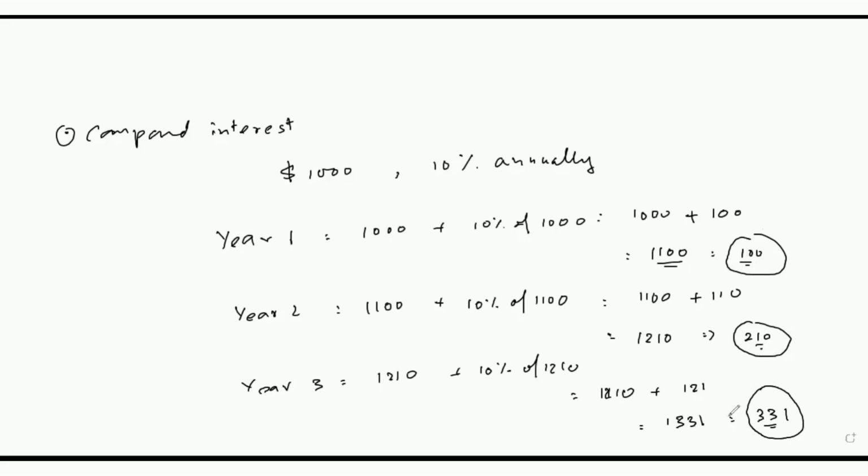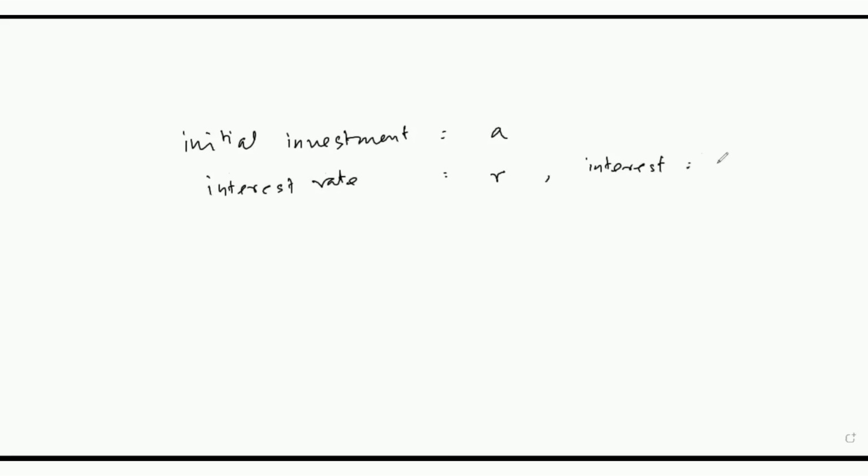In simple interest, this number would stay the same. So now I'm going to show you how this is a geometric sequence. Let's say our initial investment is A, and let's say the interest rate is R. By this I mean that to get the interest, you multiply A by R. So in our previous example, R would have been 10%, which is 10 over 100, which is 1 over 10.